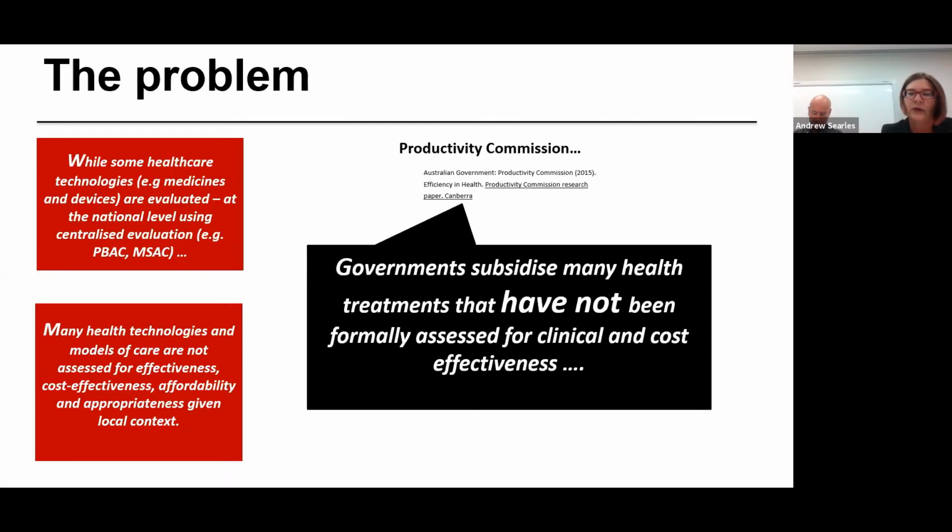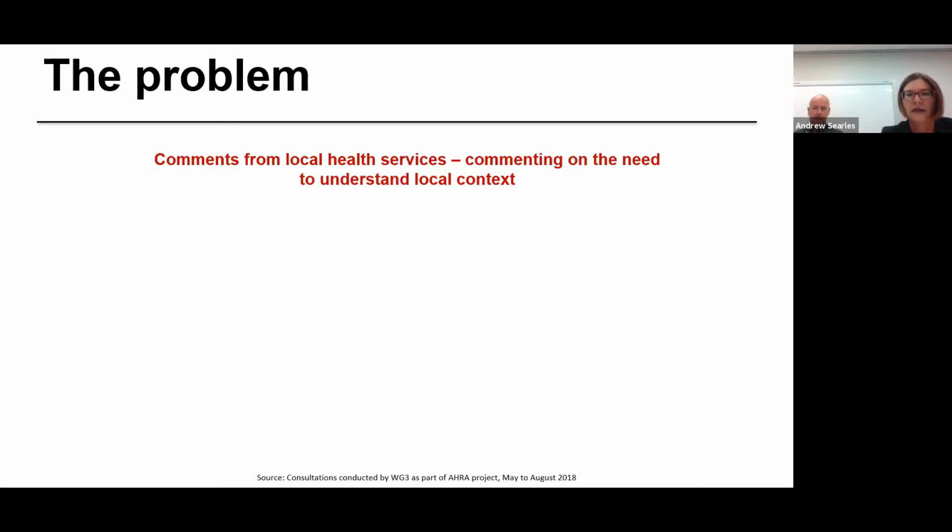So we were guided by some advice that came out of the Productivity Commission a few years back, where government subsidised healthcare treatments have not been formally assessed for clinical and cost effectiveness. So we were looking at how we could impact that.